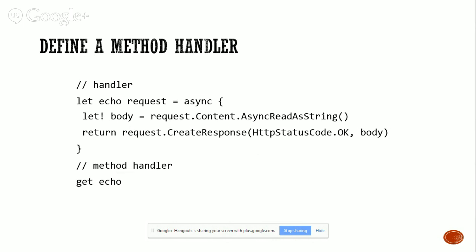So to define a method handler in Frank, it's just a simple function. In this case, we're doing an echo resource. So this thing is going to take whatever it gets and return back the exact same information. Because we're using system.net.http, reading a string out of the content is an asynchronous task.